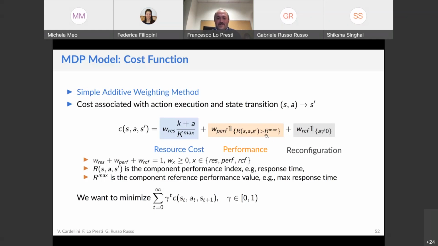So we are measuring whether we are exceeding the maximum response time, basically counting whether we have a performance violation. And then the last component is a 0-1 cost: 0 if we do nothing, 1 if I remove or add a replica. So by playing around with the weights, we can have different cost functions which impact the overall discounted cost. And when we compute the optimal policy, we end up with different behavior.